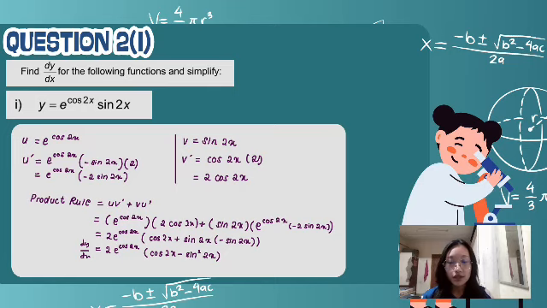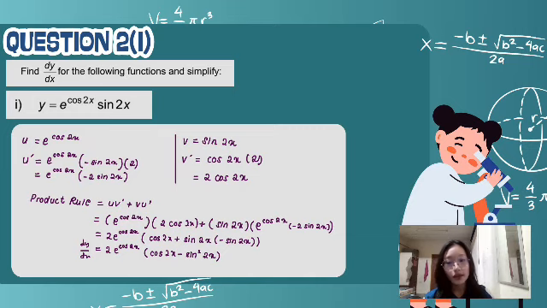v, which is sin 2x, times u prime, which is e to the power of cos 2x, times negative 2 sin 2x. Then we can factorize, so it will be 2 e to the power of cos 2x in bracket cos 2x plus sin 2x bracket negative sin 2x.